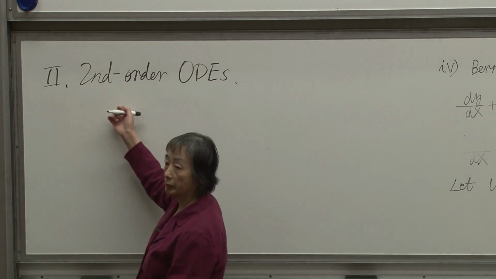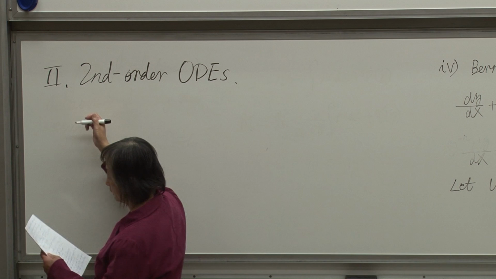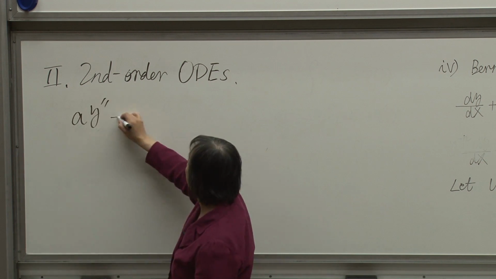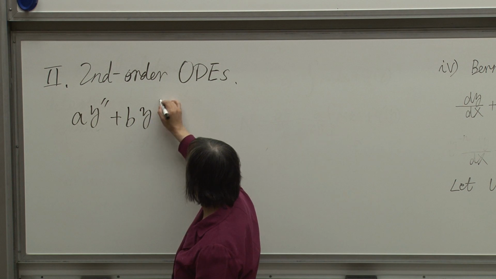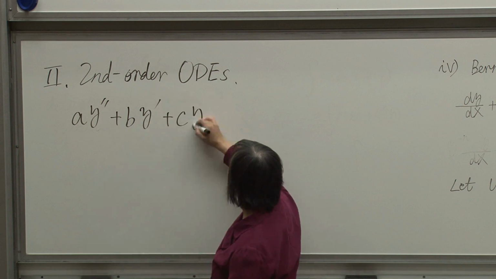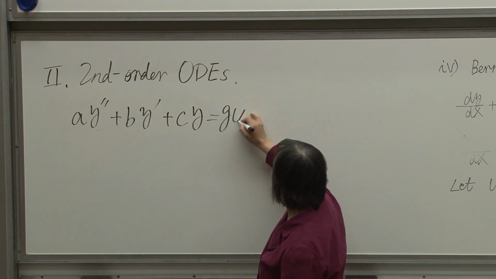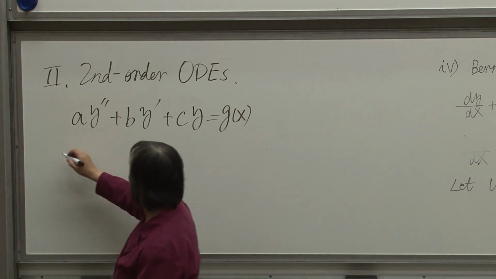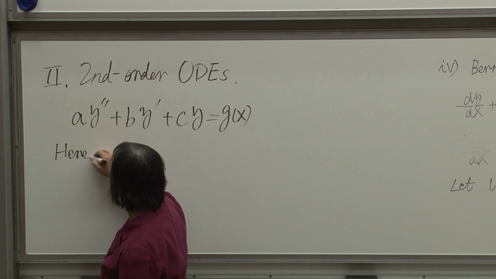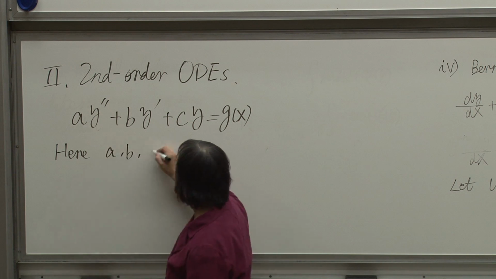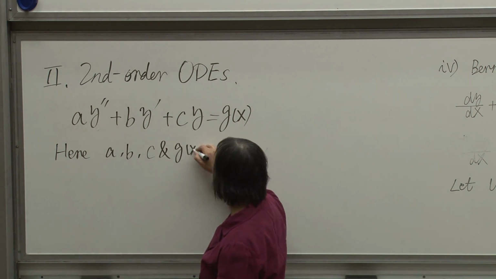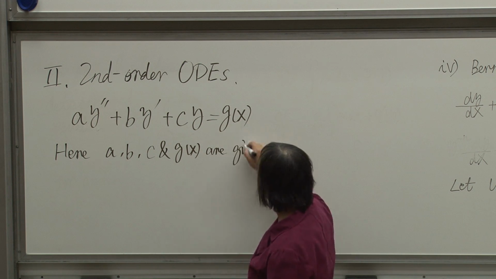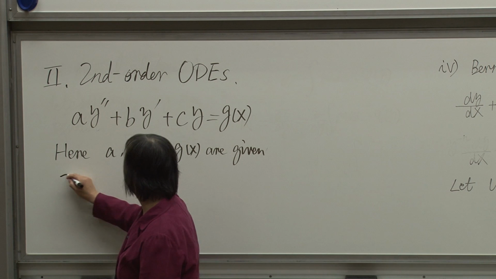The general form of second order ODEs we considered is a times the second derivative of y plus b times the derivative of y plus c times y equal to g of x. Here, a, b, c, and g of x are given functions of x.